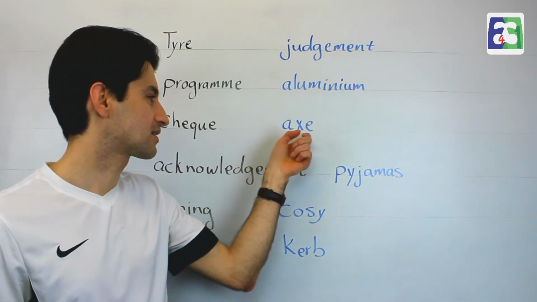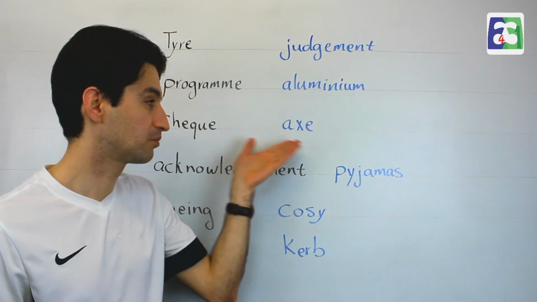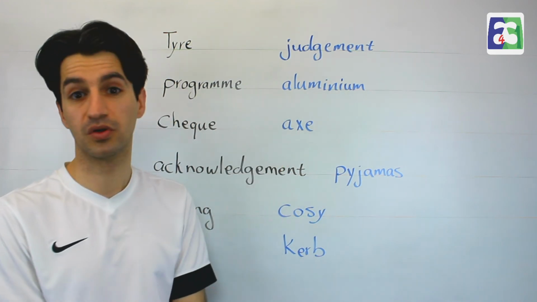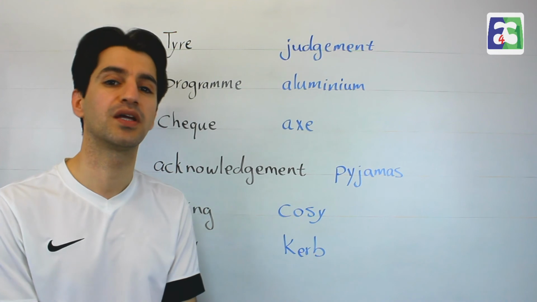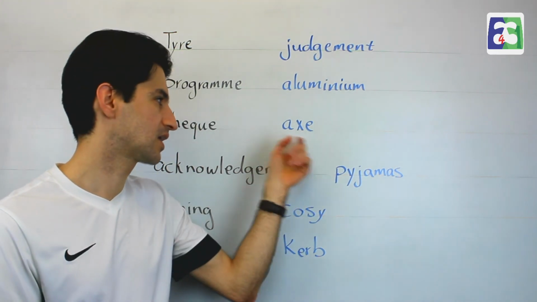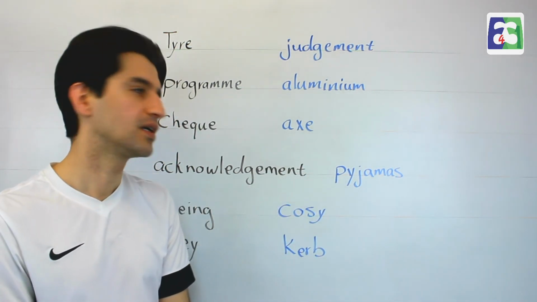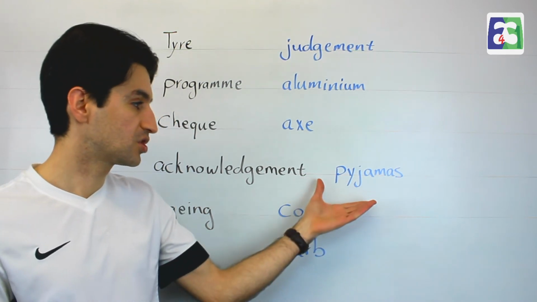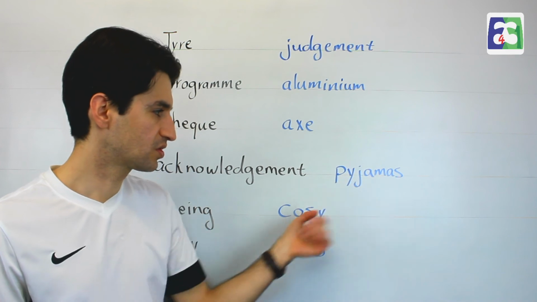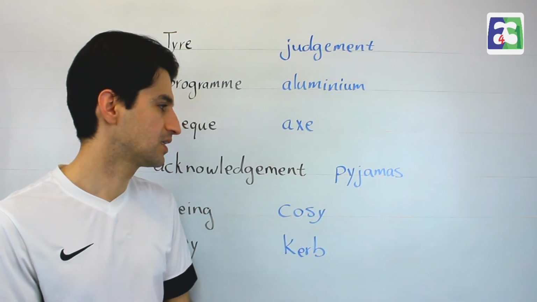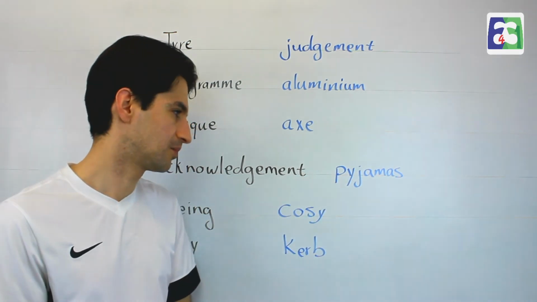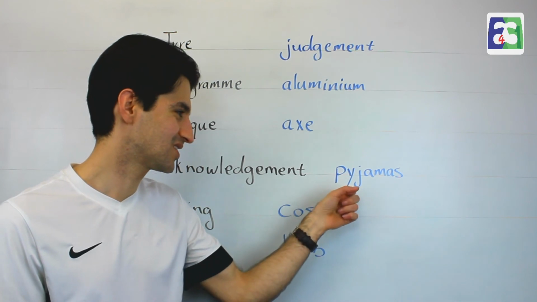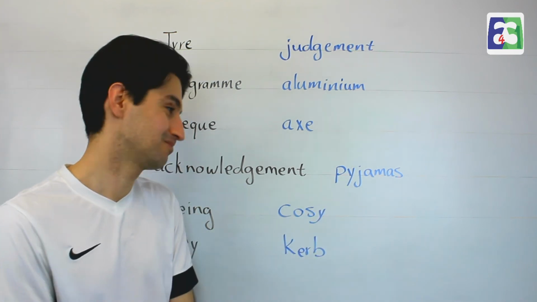Okay, axe. Axe in British is a three-letter word, but in American English that is only a two-letter word, and that is A-X. Okay, axe has only got two letters according to American English. Pajamas, the British style. American style is P-A. Pajamas. Okay, so you have to change this Y to A. Pajamas.